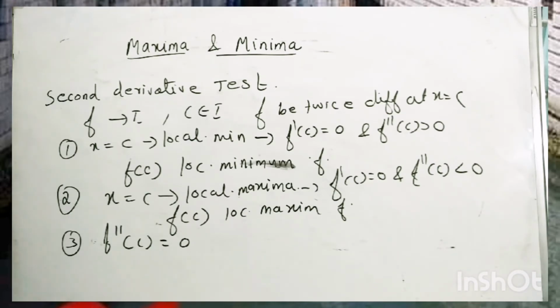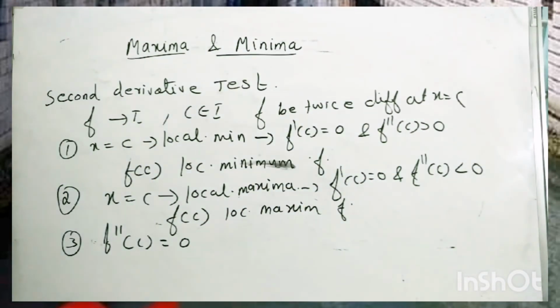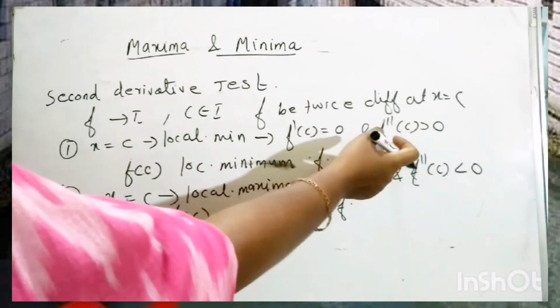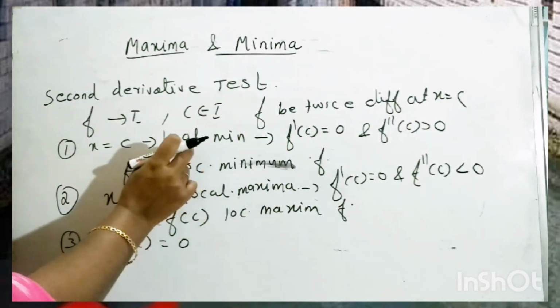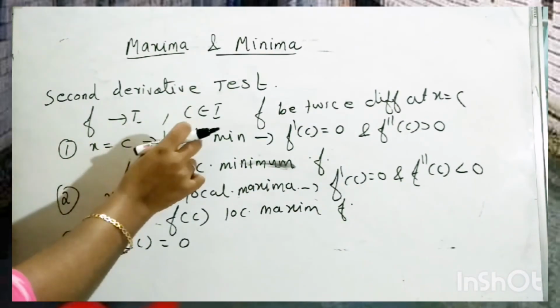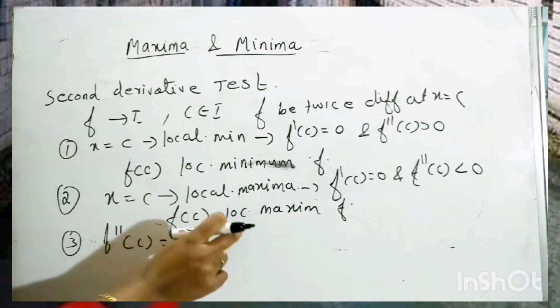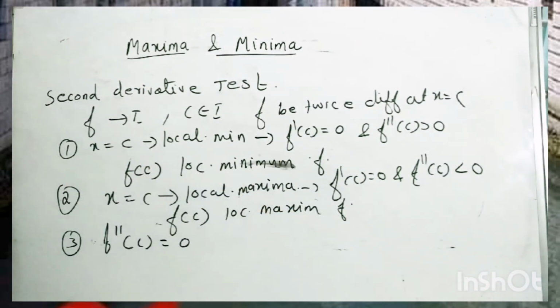Then you will get some values for x. After that, take the second order derivative f double dash and check its sign at those values of x. If it is greater than 0, then at that value of x we have a local minimum value of f, and that point is called a local minimum. If it is less than 0, then we have a local maximum, and that point is called a local maximum.